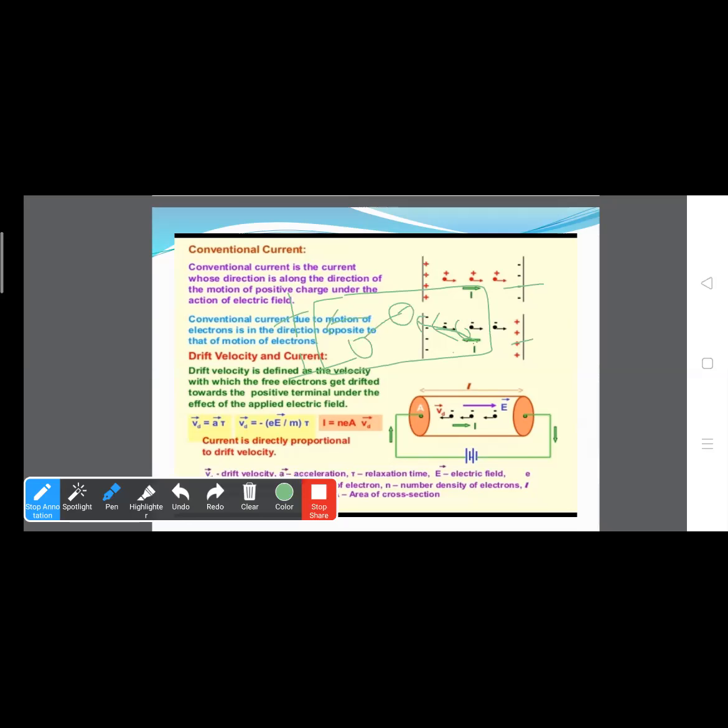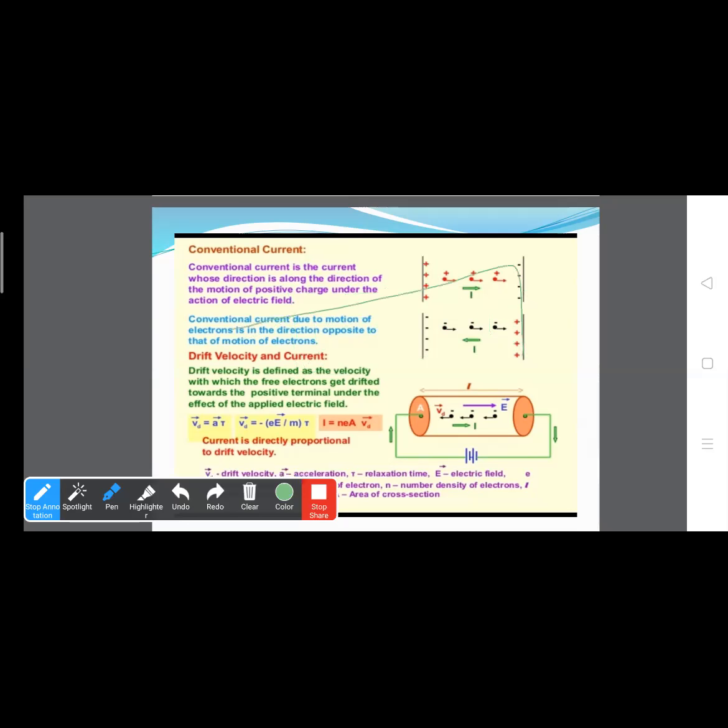So each free electron describes a curved path between two successive collisions. A curved path, something like this. Suppose this is negative and this is positive, so electrons move in this direction like this, and this, and this. Clear?